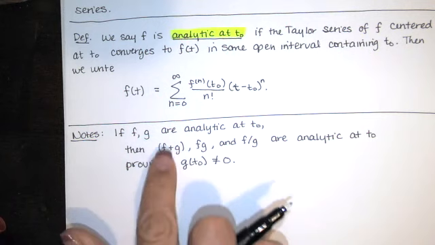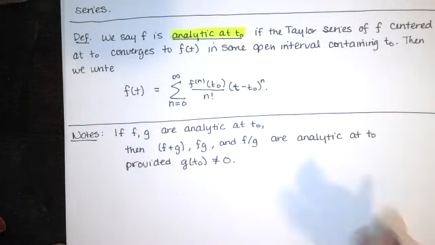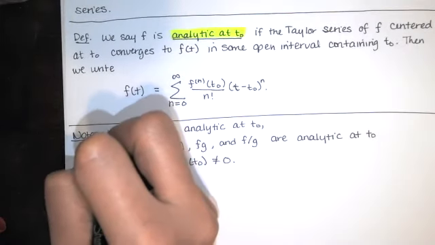Now g of t naught can be 0 for these first two. It just can't be 0 for that one because of course you're dividing by it, and we don't ever want to divide by 0.